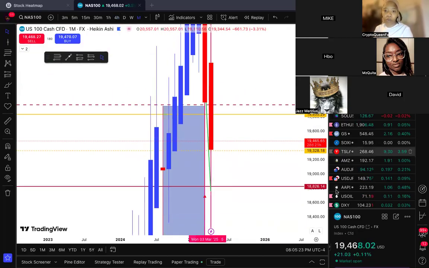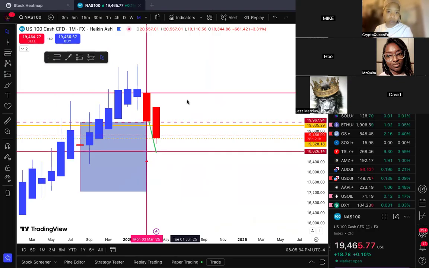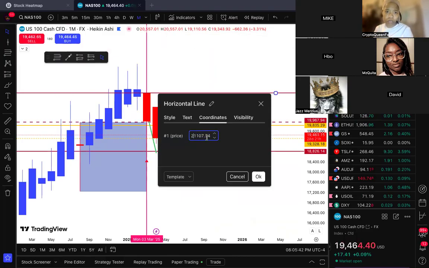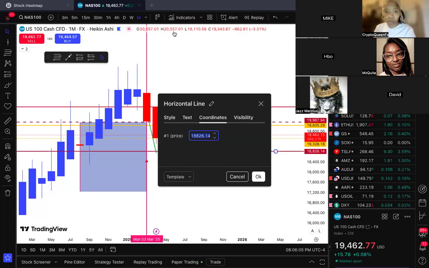So we gotta remark the monthly. The monthly high is 20,557.01, and the monthly low is 19,110.56.